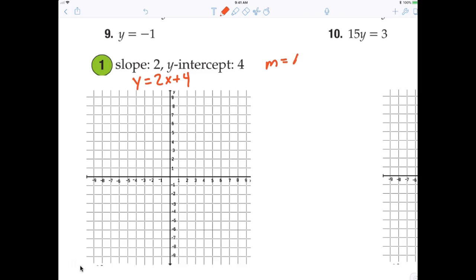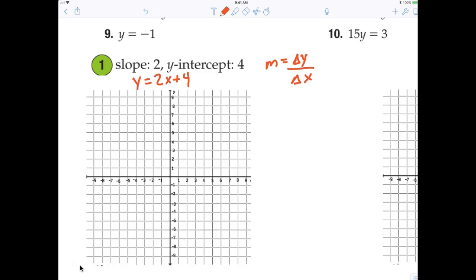Very good. Delta y over delta x. Slope is a comparison. It's the y change over the what? X change. The rise over run. Now it's all coming back. Perfect.